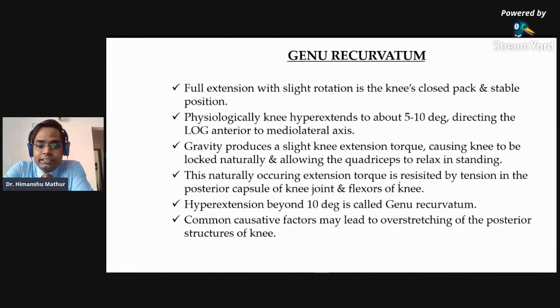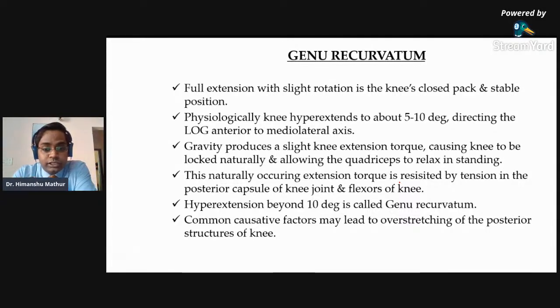Physiologically, the knee hyperextends to about 5 to 10 degrees, which is actually normal, directing the line of gravity anterior to the medial lateral axis. Physiologically also, the medial lateral axis of rotation lies a little anterior to the line of mechanical axis, or line of gravity.